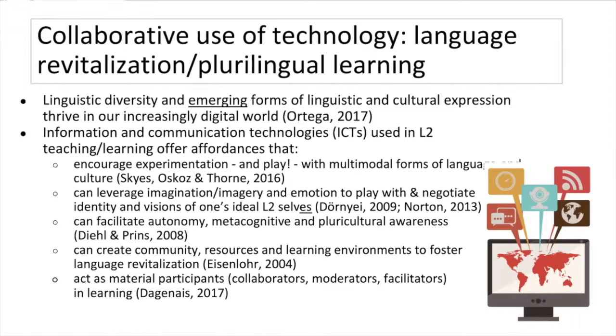And we recognize the affordances in the literature that talk about the ability of technology to encourage experimentation and play with language and with culture and with identity. And the fact that we can negotiate our identities in these spaces quite vividly and through multimodal tools, and convey impressions of our ideal L2 or linguistic and cultural selves.